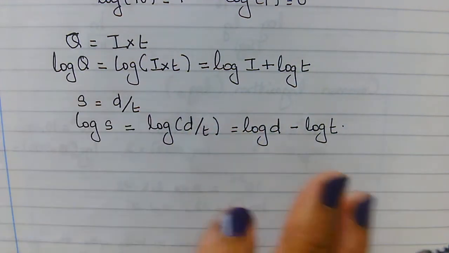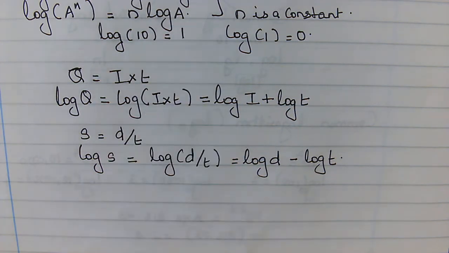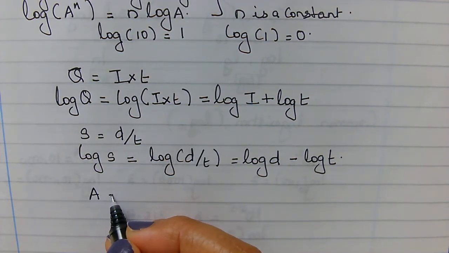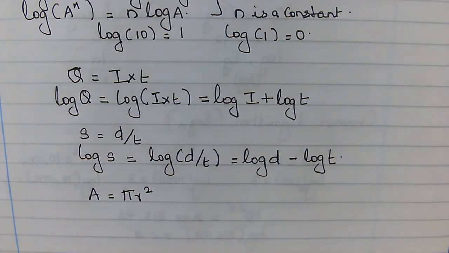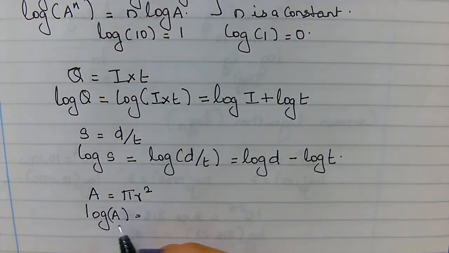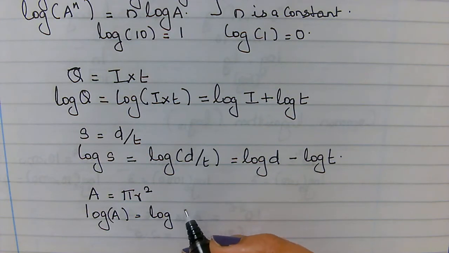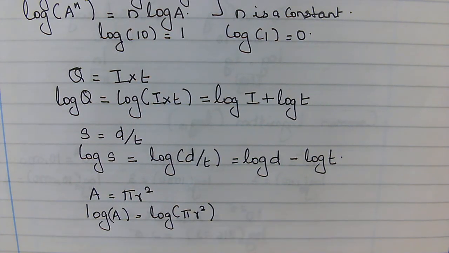And the third one is log a raised to n is n log a. We know that the equation for area of a circle is pi r square. Agreed? So let's take the log of that. Log A is equal to log of pi r square.